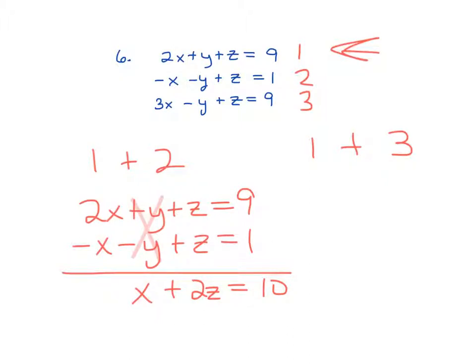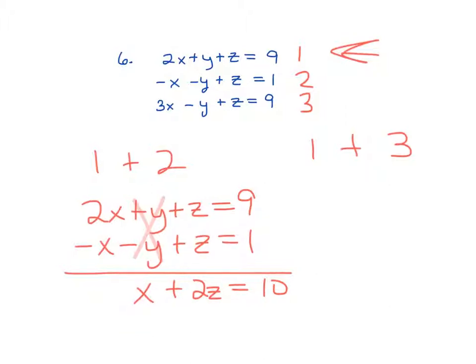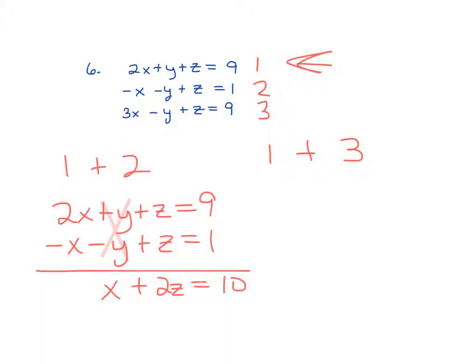Now I'm going to add the 1 and the 3. However, before I can add the 1 and the 3, I'm going to multiply one of them by -1 so it cancels. Do I have to multiply them? No, I don't.